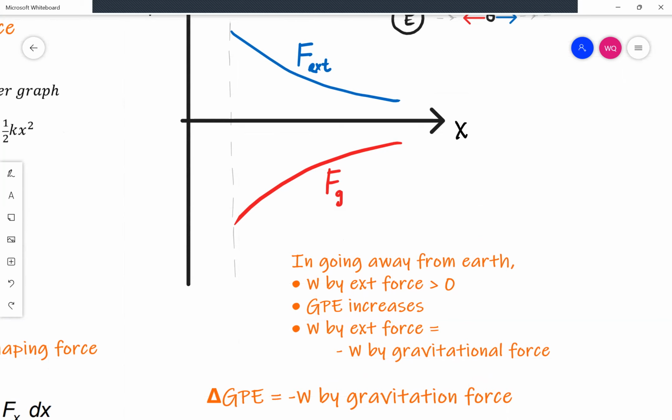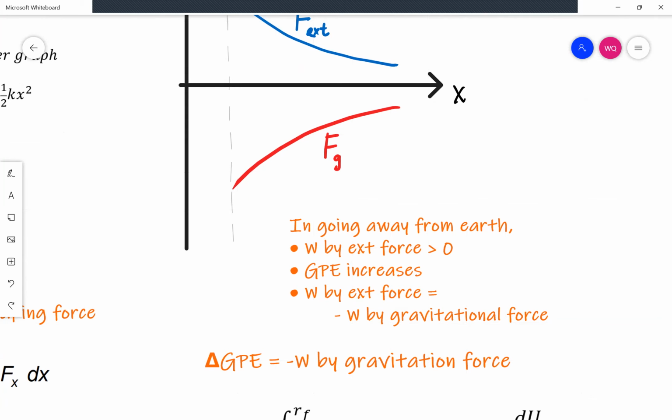So now, let's follow this logic chain. As the object goes away from Earth, work done by external force is positive. So the first line, we just mentioned it. We also know, through our knowledge thus far, potential energy always increase with distance.